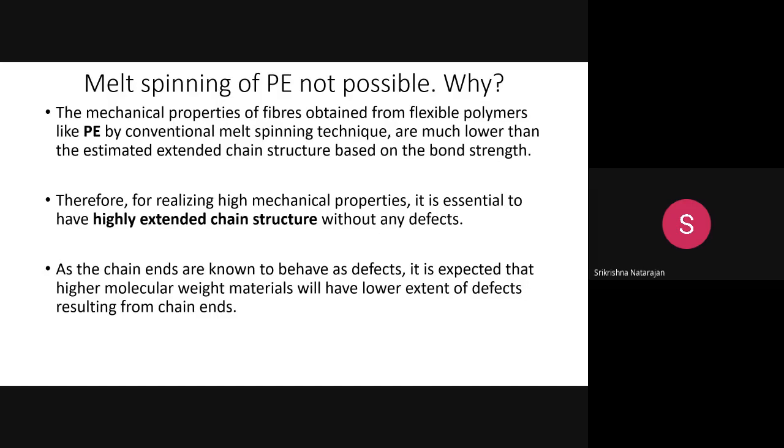The reason is, when you do the melt spinning for the polyethylene, what will happen if you melt the polyethylene? It will melt. You will get some molten fluid. But what will happen is, after you melt it and then extrude and form the filament, that filament will not have good mechanical properties.